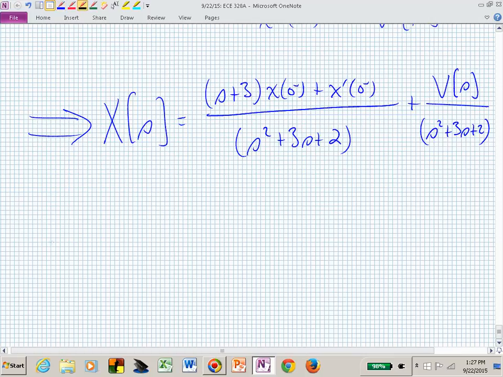And the nice thing about dealing with one-sided Laplace transforms, do you remember what one-sided referred to? What interval of time were we dealing with? Minus infinity to infinity? 0 to infinity.